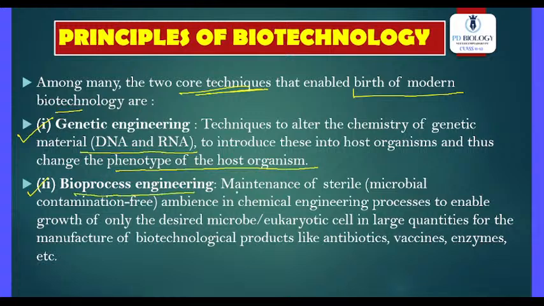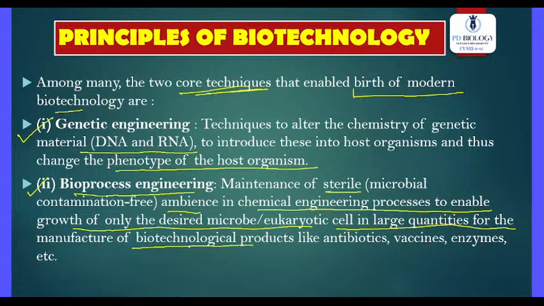Bioprocess engineering: maintenance of a sterile ambience in chemical engineering processes to enable growth of only the desired microbe or eukaryotic cell in large quantities for the manufacture of biotechnological products like antibiotics, vaccines, enzymes, etc. So these are bioprocess engineering, and this one the genetic engineering. Remember the two core techniques of biotechnology.